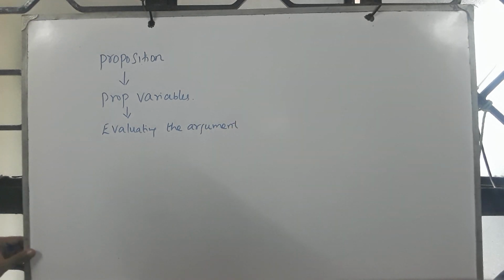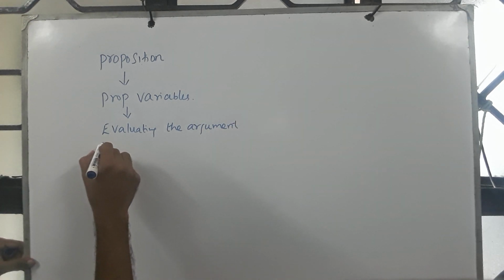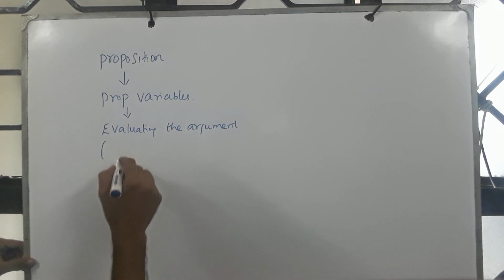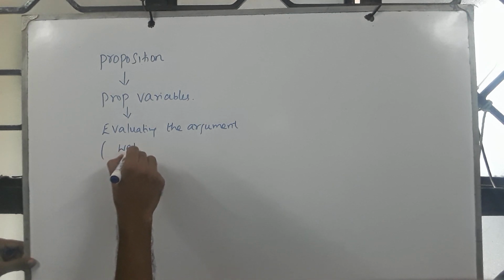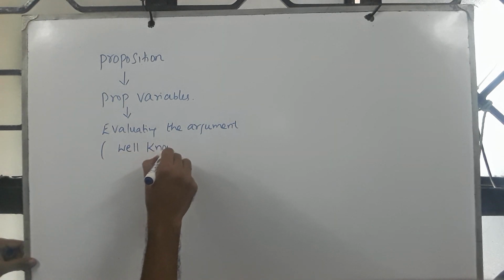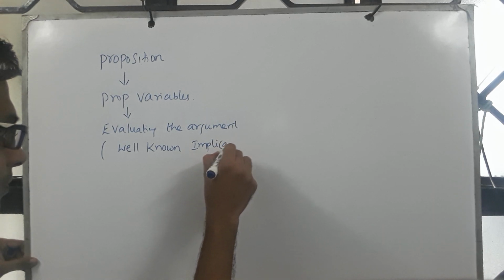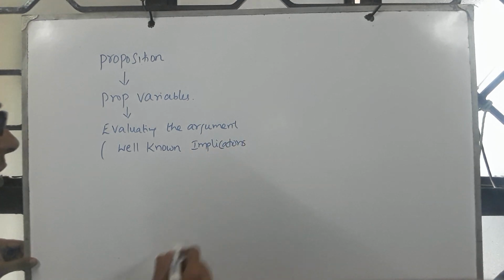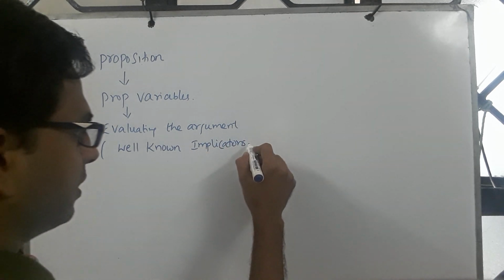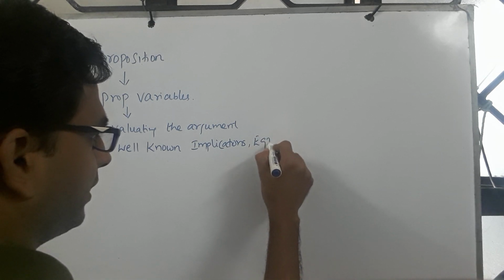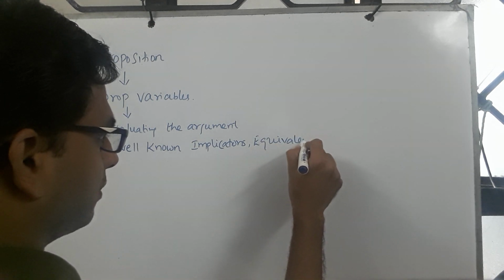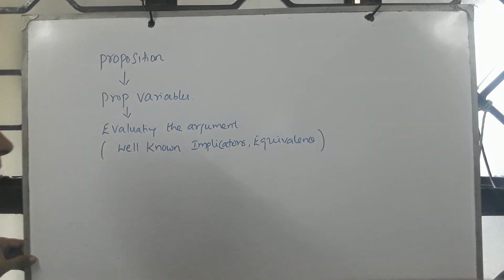As part of our simplification process, we have used some well-known implications, or rather we have derived so and so as an implication and equivalence and so on.